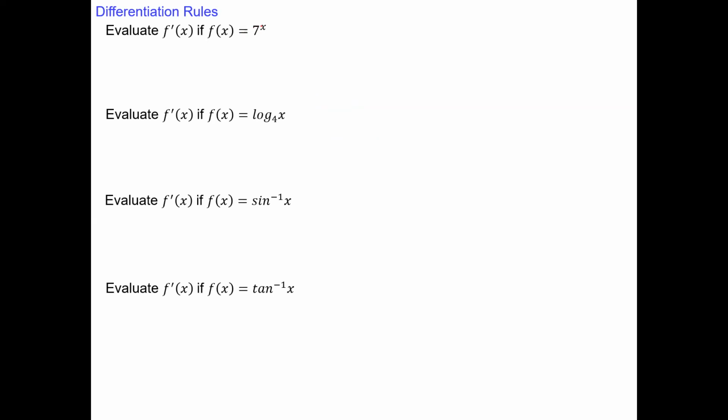Derivative of 7 to the power of x, general exponential function. Exponential function derivative is the function itself times natural log of the base. Done. Okay, derivative of the logarithmic function, not ln, just log base 4 of x. It will be the same thing, 1 over x times natural log of 4.